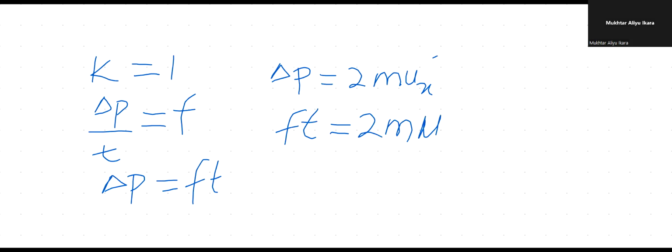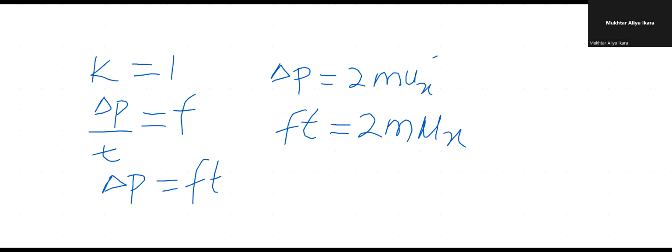From here, we can make F the subject of the formula by dividing both sides by t. So at the end, we are going to have F is equal to 2mux divided by t.